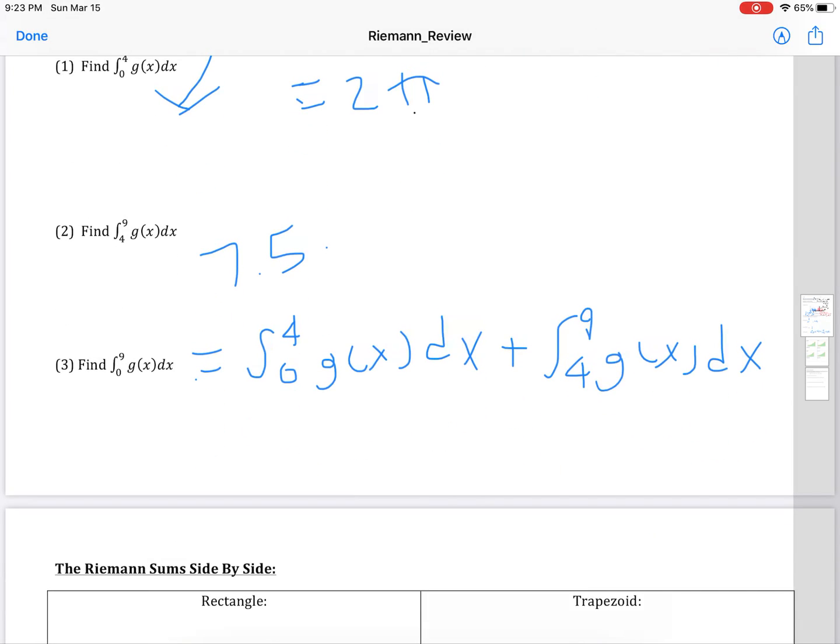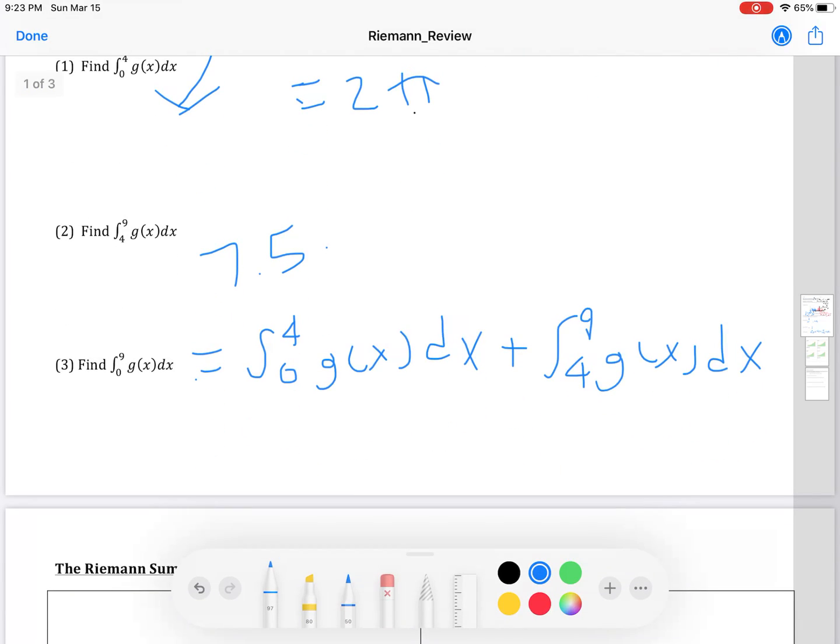And lo and behold, we already got those answers. We got 2 pi and we got 7.5. So at the end of the day, the integral symbol incites a lot of unnecessary panic, but it's really just a compact framing of taking very set geometric areas.